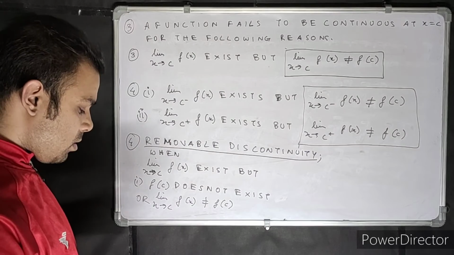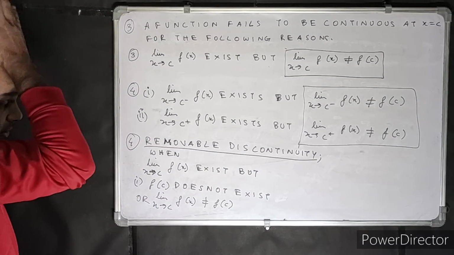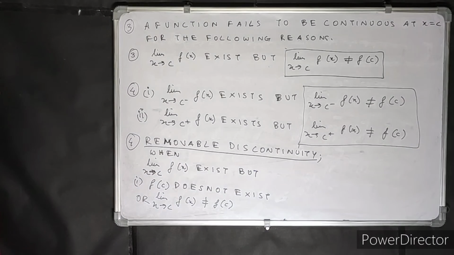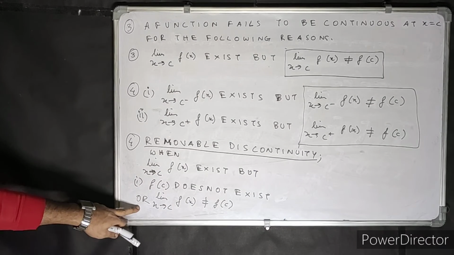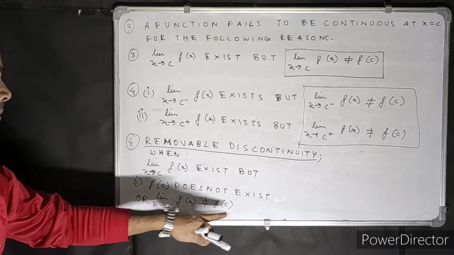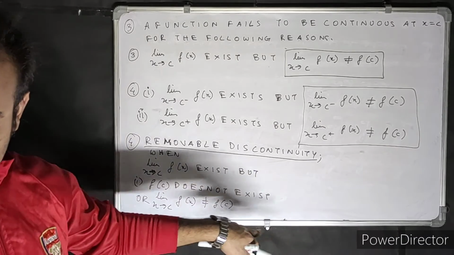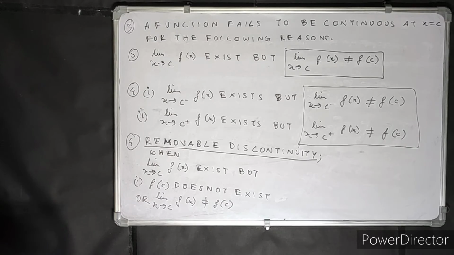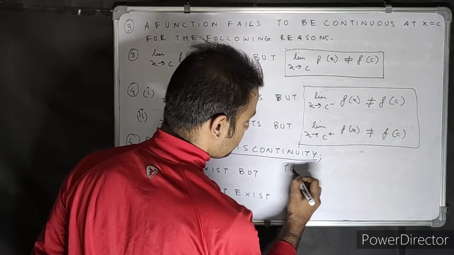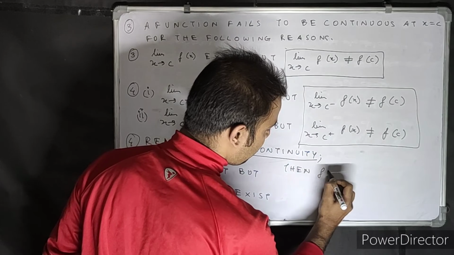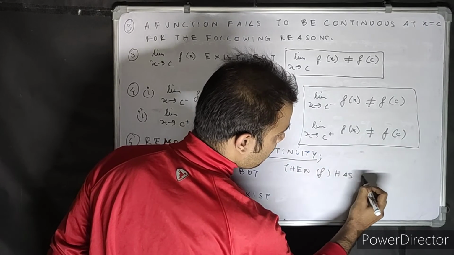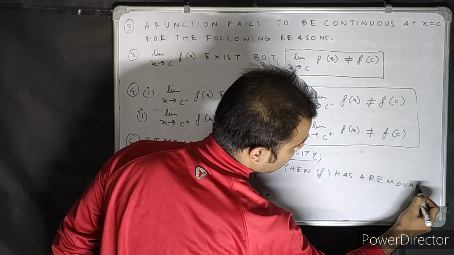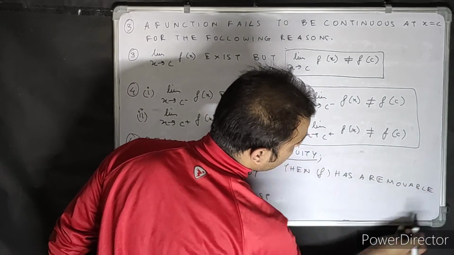So when this is existing but f of c is not existing, and this is also not equal, then we say that f has a removable discontinuity.